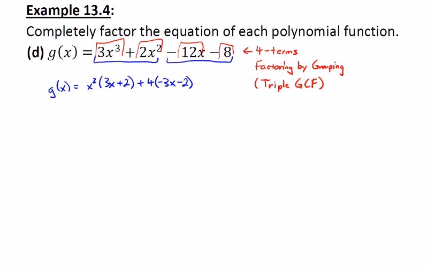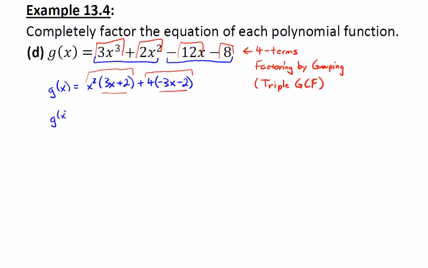In the new version of the equation, after doing 2 GCFs, we now have 1, 2 terms. And what we're looking for is, what do these 2 terms have in common? They almost have 3x + 2 in common, except one of them has 3x − 2. So rather than just pulling out a 4 from that second group, let's pull out a negative 4. Let's go ahead and pull out an extra negative 1 to go with this.